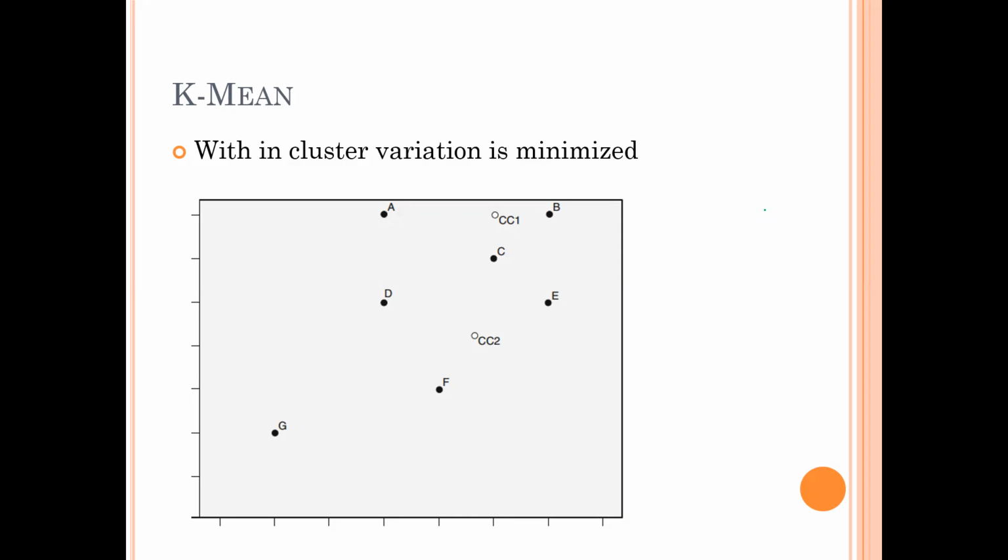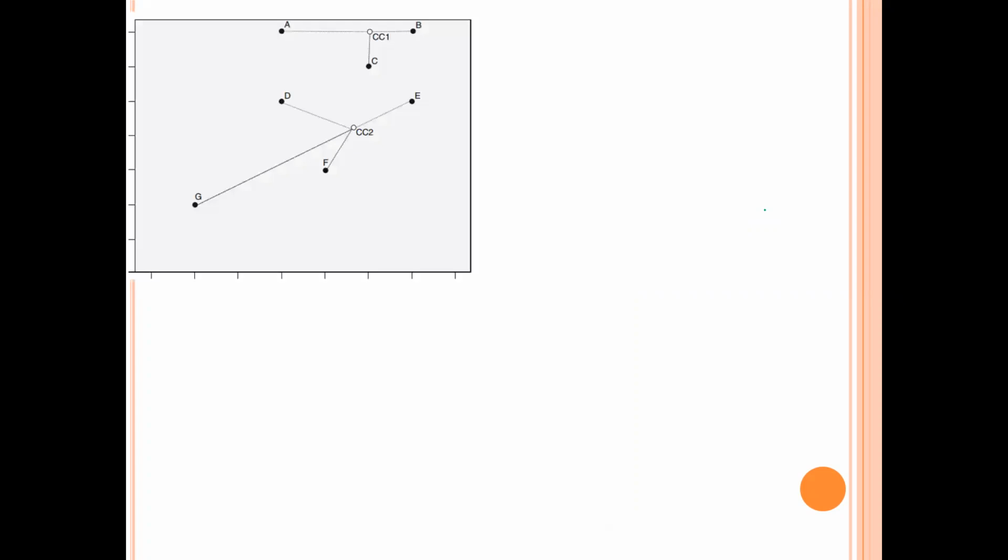I will break it into two segments, and CC1 and CC2 are these two centroids, randomly chosen in this two-dimensional space. Then whichever observation is closer to CC1 is assigned to cluster 1. Whichever observation is closer to CC2 is assigned to cluster 2. So I assign them based on the distances.